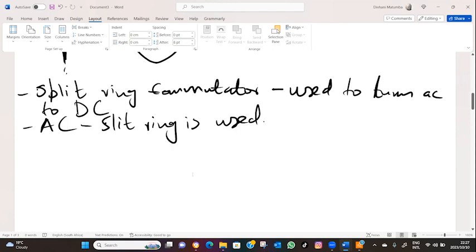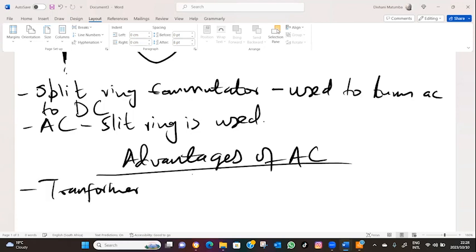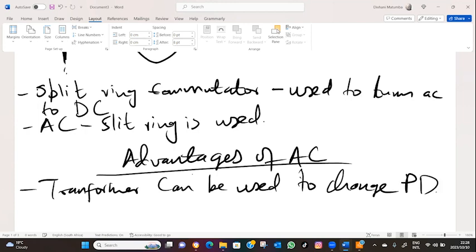All right, guys. Now, what are the advantages of AC? The advantage of AC current is that a transformer can be used to change a potential difference.